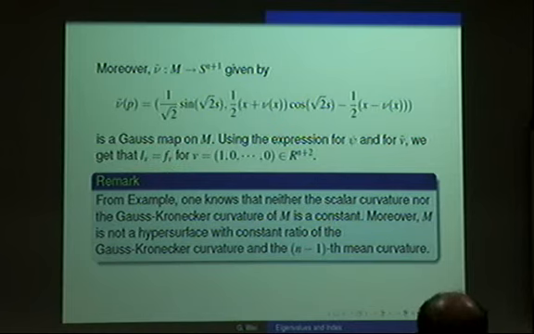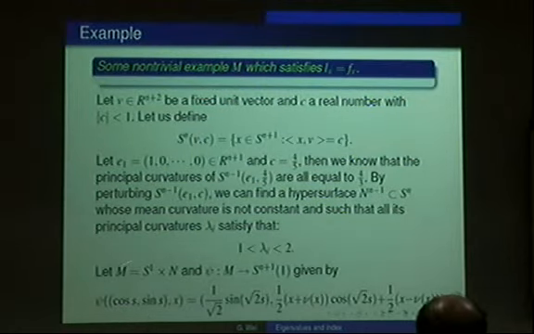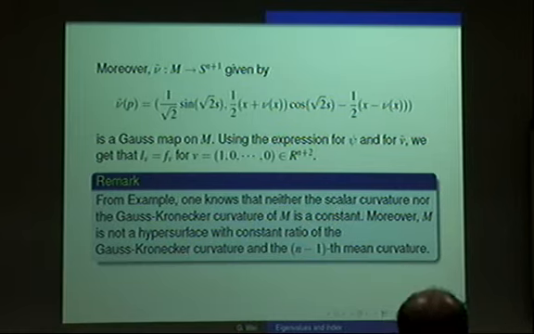So this M is a hypersurface in the unit sphere. Its Gauss-Kronecker curvature isn't equal to 0, and the scalar curvature isn't equal to 0. Moreover, the Gauss-Kronecker curvature and the n minus 1 mean curvature aren't equal to 0.